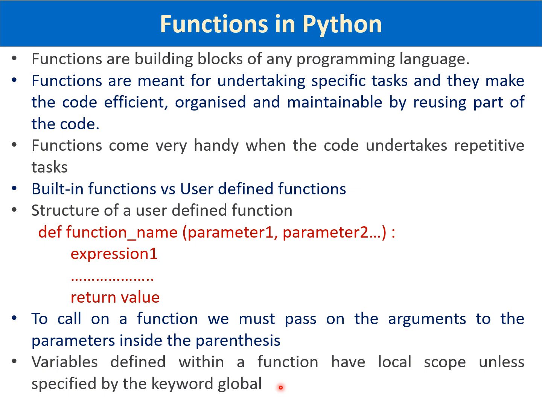If you are using a global variable inside a function, sometimes even if you are not passing the value to a variable inside a function, it executes by taking the global value if the name is the same. So you have to be careful, and you must be clear about the scope.